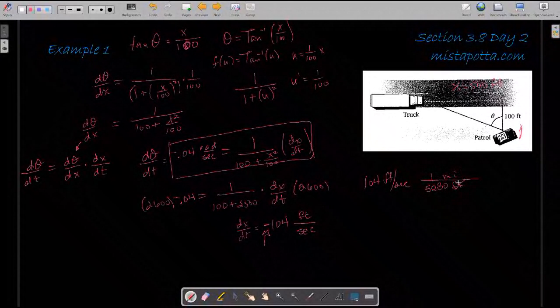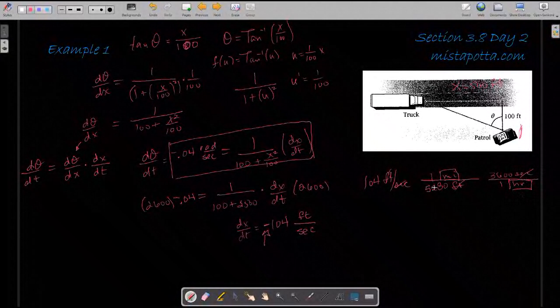And that would eliminate my feet units. And I also know the relationship between seconds and hours. I know that if I have 3,600 seconds, that constitutes 1 hour. And so now I have the units that I wish to acquire are miles per hour.